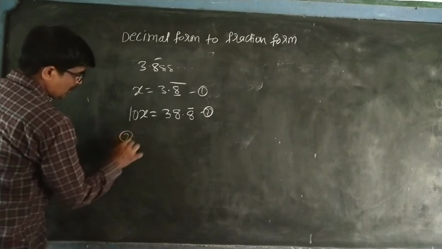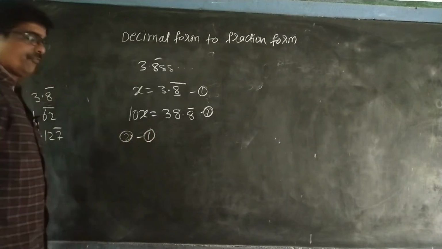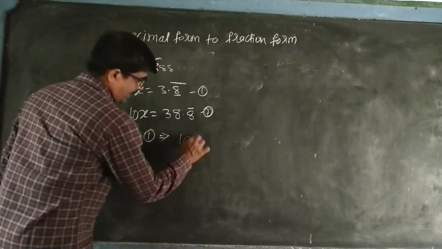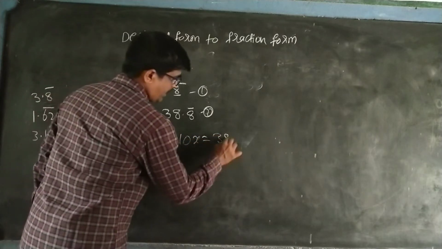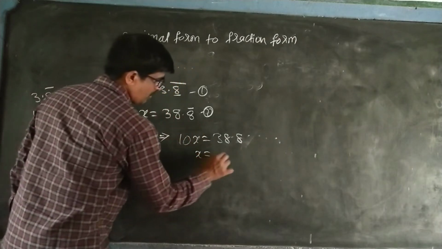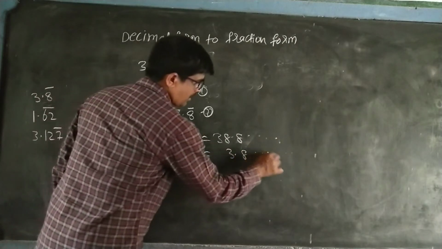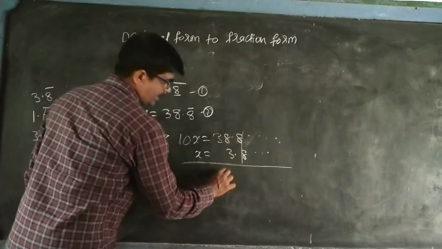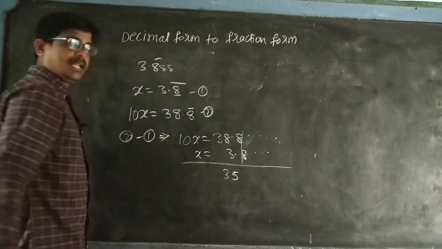Equation 2 minus equation 1. 10x is 38.888 continuing, and x is 3.888 continuing. The repeating 8s cancel. 8 minus 3 is 5, so 35.